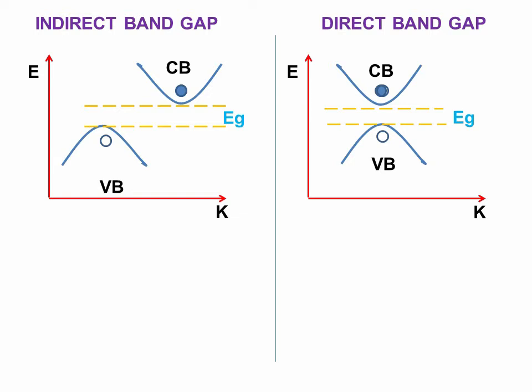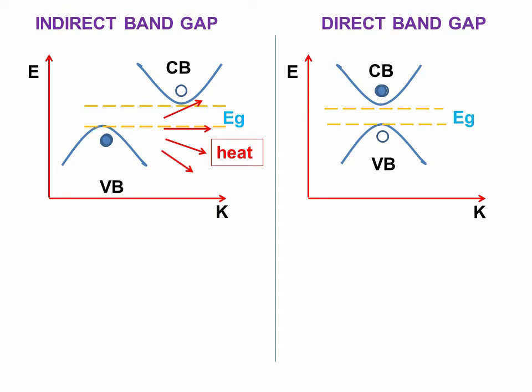Here E is energy, K is wave vector, but it is not necessary to explain here; you can think of it as somewhat related to momentum. So, K is momentum, E is energy. When an electron in the lower energy of the conduction band transits to the hole in the higher energy of the valence band, here the momentum is conserved.